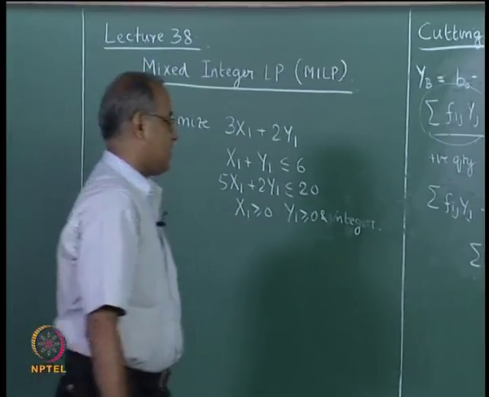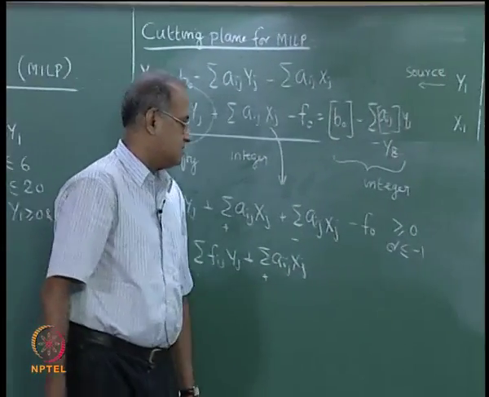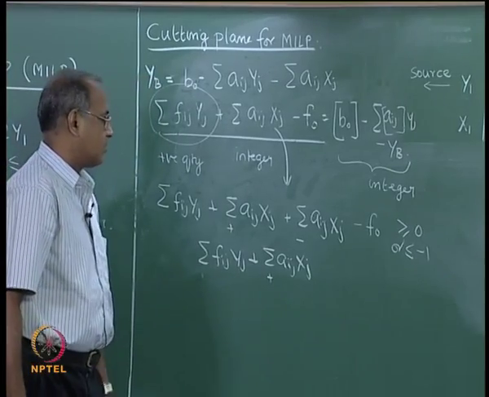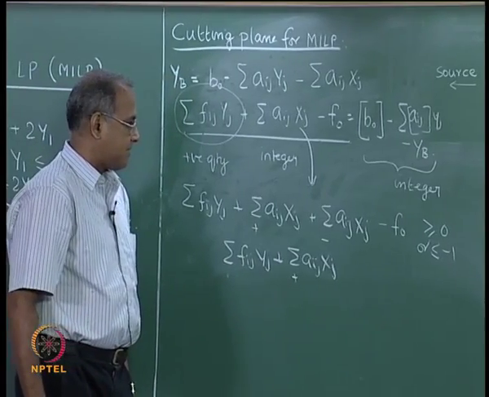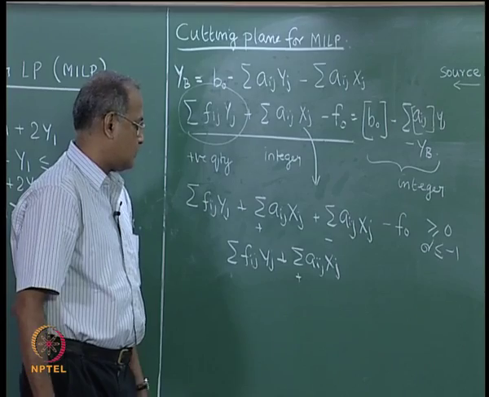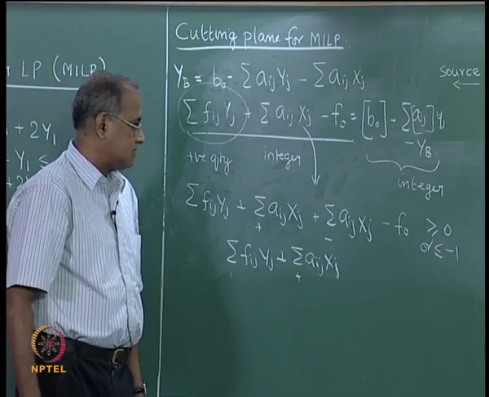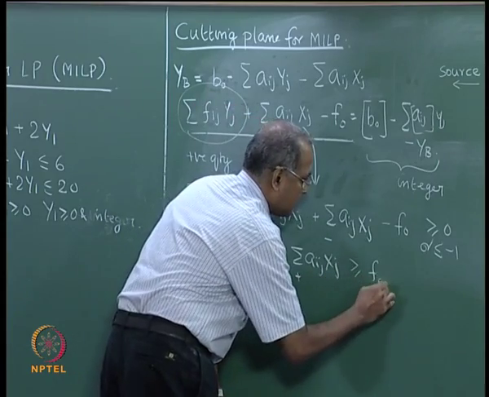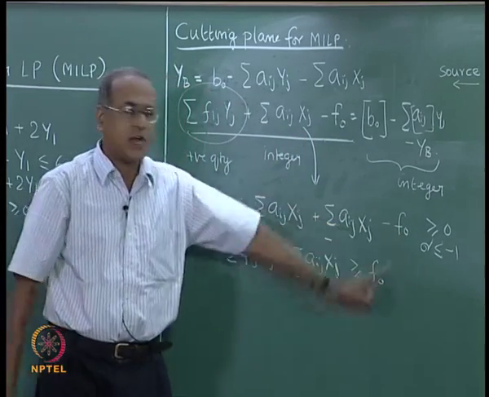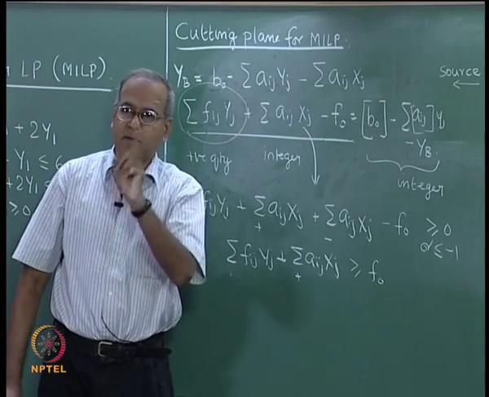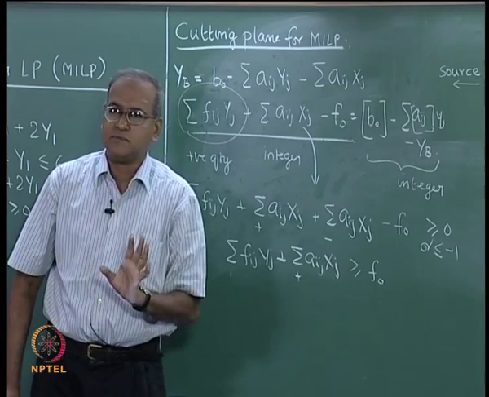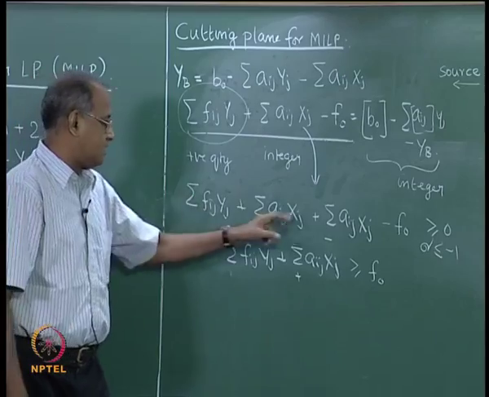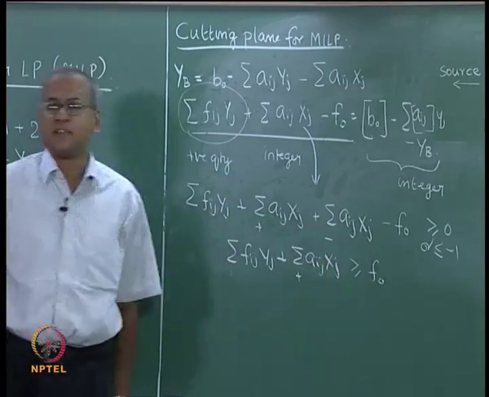Those two are positive quantities. Should be greater than or equal to F naught, because F naught is a positive quantity, it is a positive fraction less than 1. So this left hand side can be written as greater than or equal to F naught.